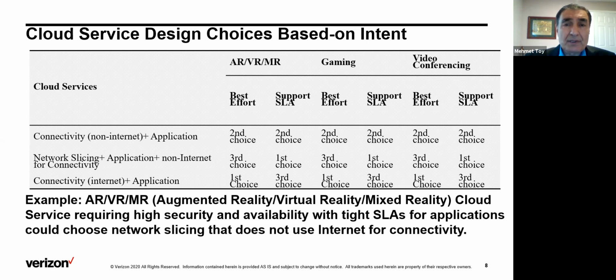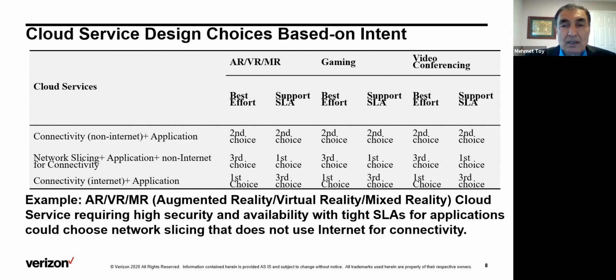So let's say I am really focused on the AR, VR, and MR application. If I have to satisfy certain SLAs, then network slicing plus non-internet connectivity could be my first choice, and the others could be second and third choices. And if I look at the best effort case, suppose I really don't care much about performance, then clearly the third service, which is connectivity with internet and application, is my choice.